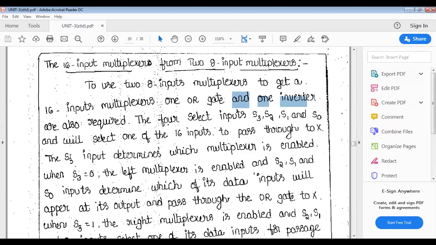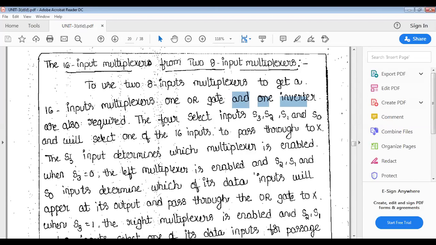S3 is the last one. I am taking S0, S1, S2 as the 3 selection lines of the 8x1 multiplexers. Additionally, I am using 1 OR gate to get the combined output, and another inverter, which is connected to S3.